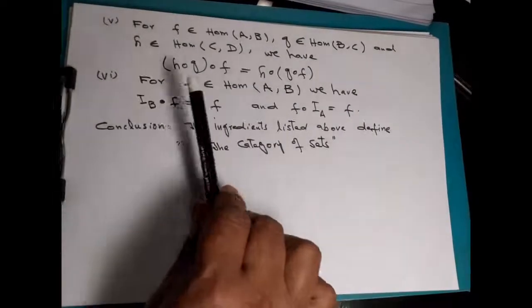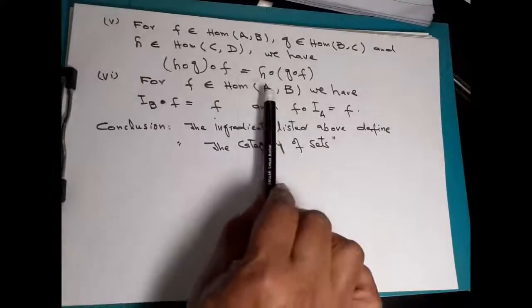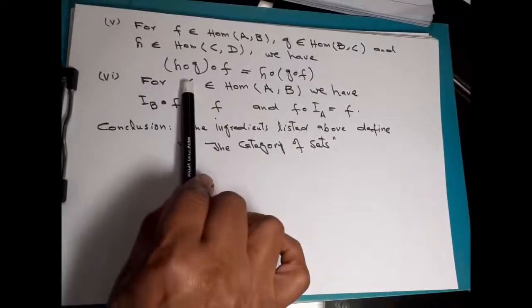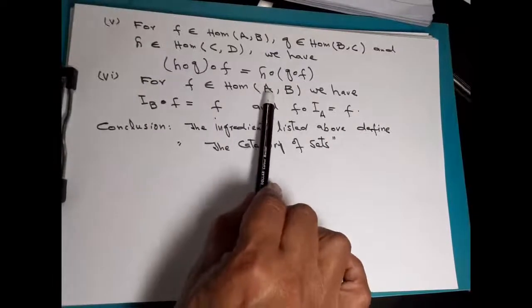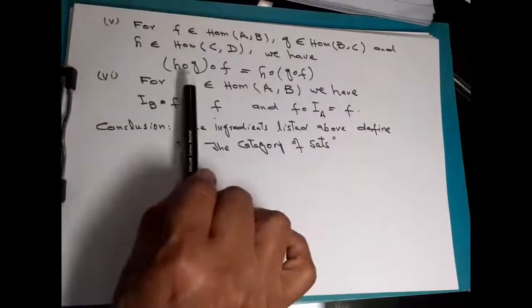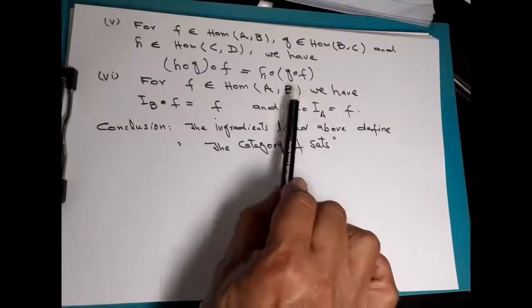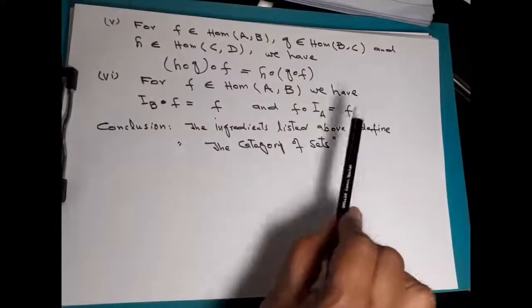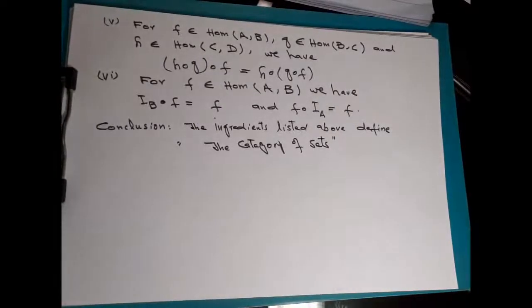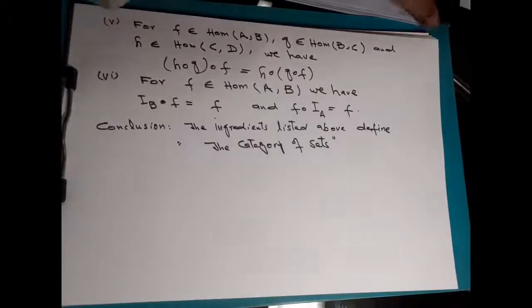And then if we are given a function f with domain A and codomain B, and we compose f with the identity function of A, we get f. Similarly, if we compose f with the identity function of set B, we again get f. So these concepts together define the category of sets.